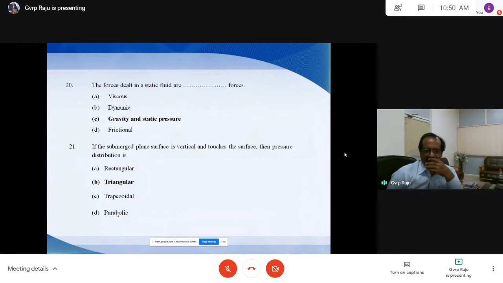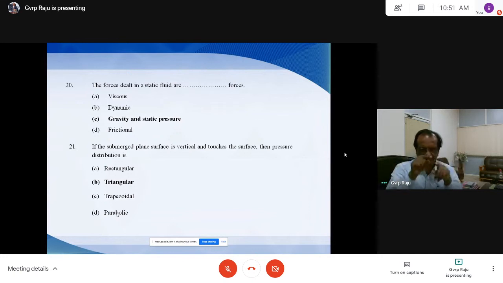If the submerged plane surface is vertical and touches the surface, then pressure distribution is very simple.